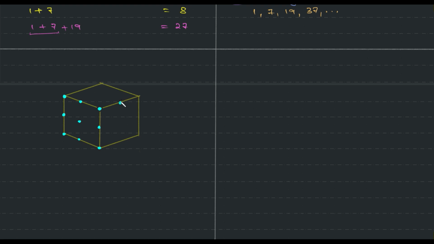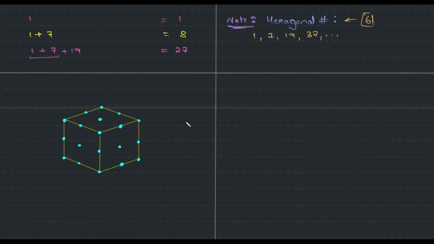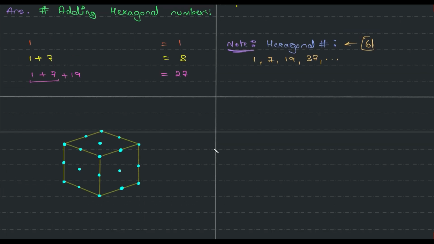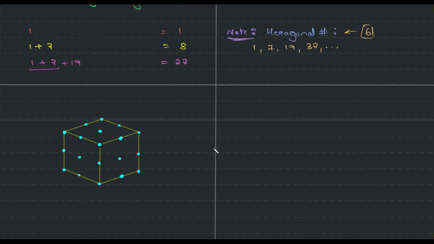We need to write this in the exam, so I'm showing you how to draw. So that would be your cube. If you keep doing it, you'll end up with this set of numbers: 1, 8, 27, so on and so forth.